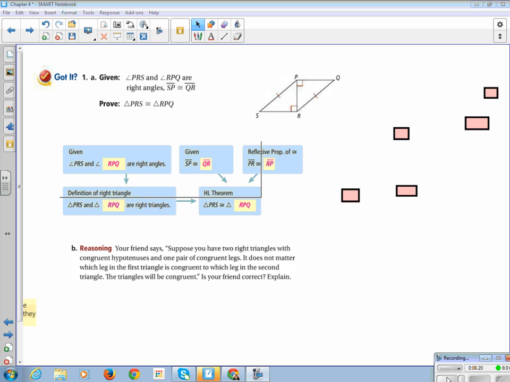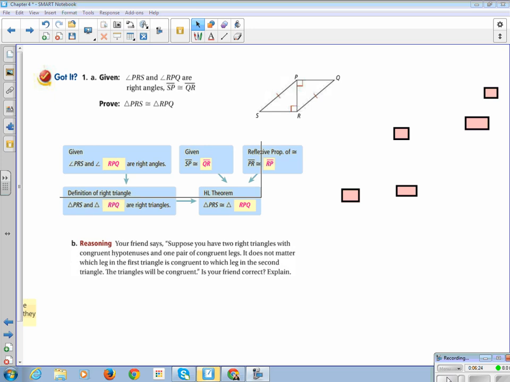All right, let's look at our reasoning question here. Your friend says, suppose you have two right triangles with congruent hypotenuses and one pair of congruent legs. It does not matter which leg in the first triangle is congruent to which leg in the second triangle. The triangles will be congruent.